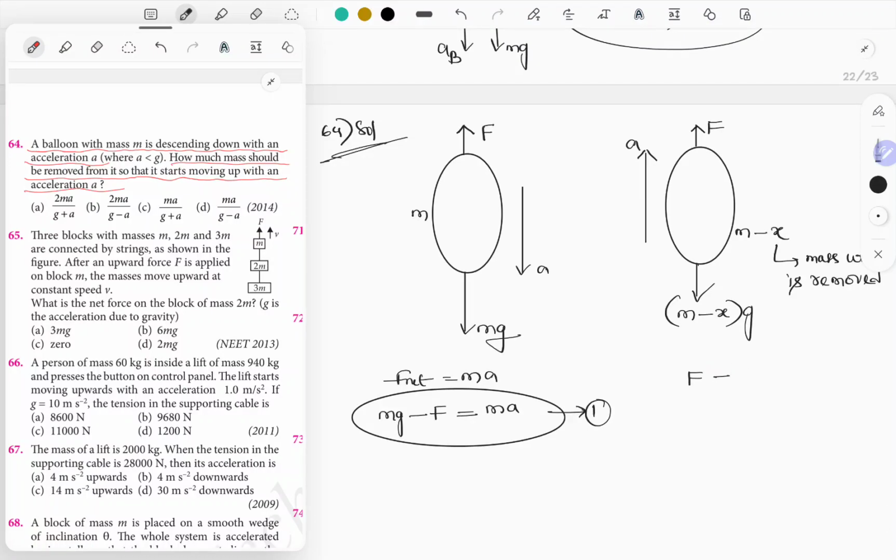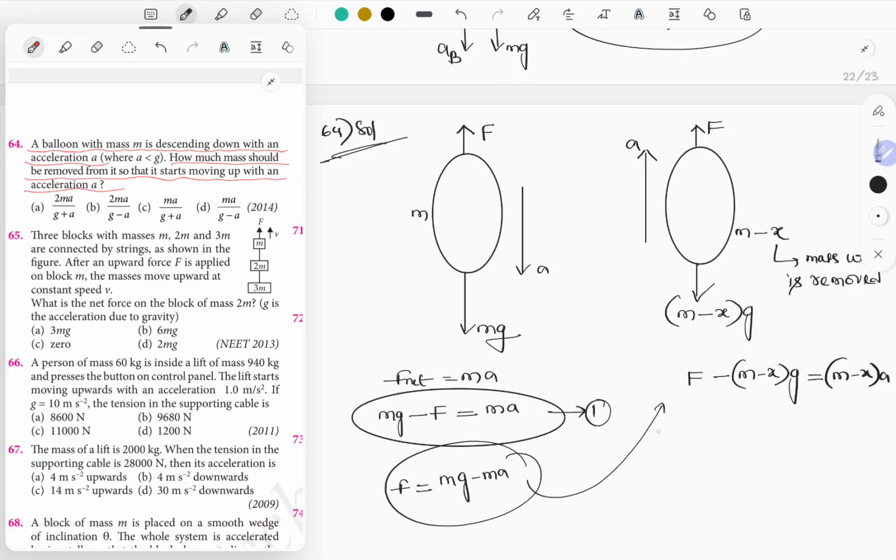So F minus m minus x into g is equal to m minus x into acceleration. Let me substitute F here. Here F is equal to mg minus ma. Let me substitute this in this equation.